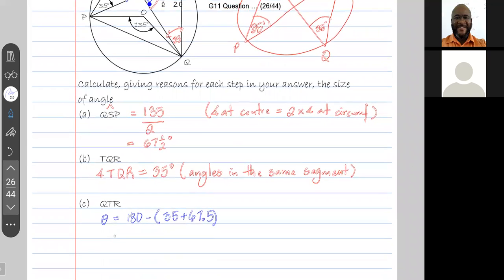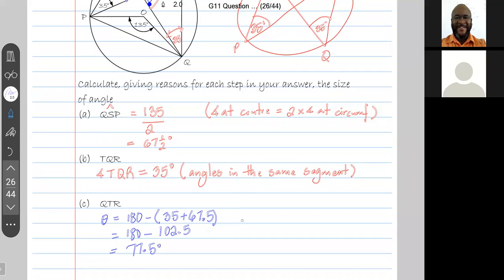So this is 180 minus, what is that? 102.5. I think it's 102.5. If I'm wrong, you can correct me. And so this works out to be 77.5 degrees.